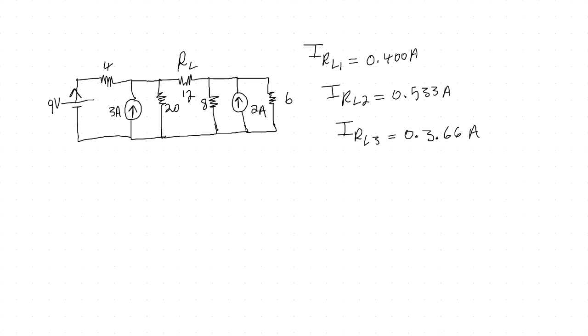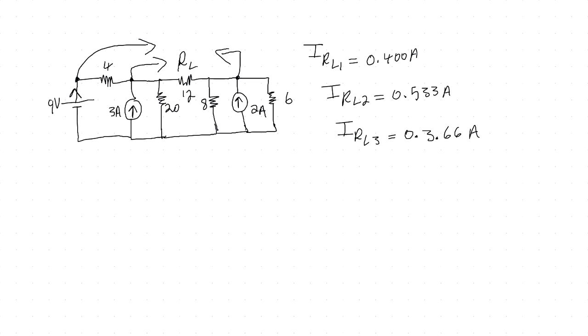So for 9 volts, it will start and then go to our RL, and then for the 3 amperes to our RL. The currents that we got from the 9 volts and the 3 amperes are going in the same direction, from left to right. The one for the 2 amperes is from right to left, opposite to the other two.